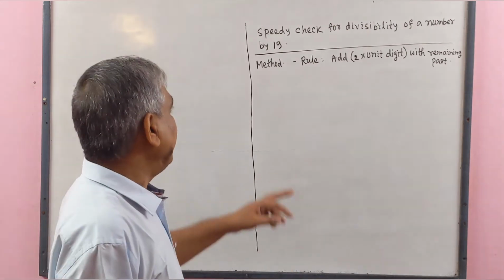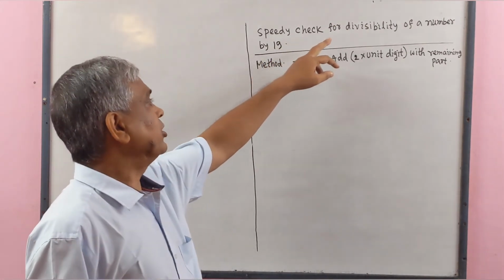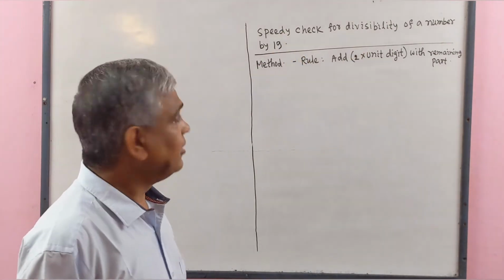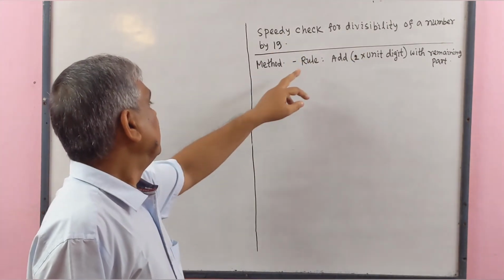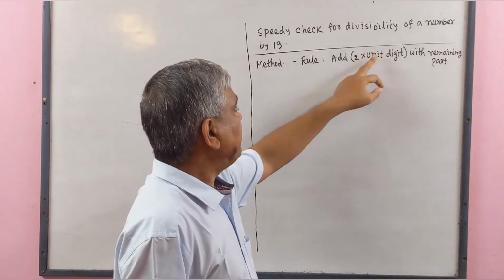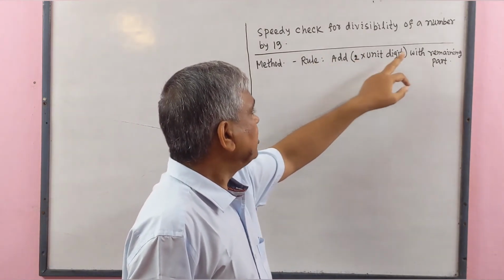Now, we explain the speedy check for the divisibility of a number by 19. Here, the rule is: add 2 multiplied by the unit digit to the remaining part.